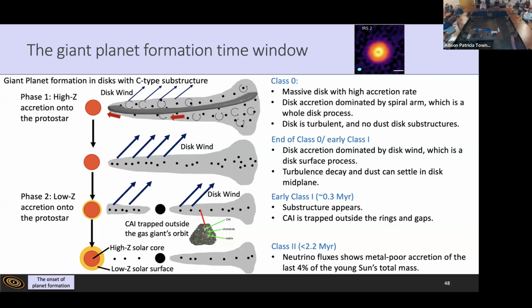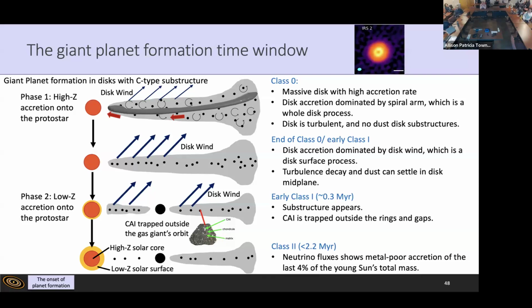Over time, when the disk mass decreases and the disk accretion process possibly changes into a disk wind, which is a surface process, this allows the turbulence to decay, and then you have dust settling in the mid-plane. This is a necessary condition to start to see substructures.